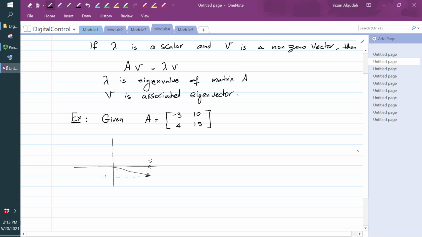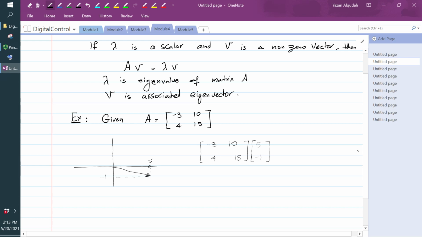I can plot this vector here, then apply this matrix to that vector, and see where this vector is going to end up after I do the transformation. So let's see what happens if I take this matrix A and I multiply it by this vector. So I'm going to take the matrix -3, 10, 4, and 15, and I'm going to multiply it by my vector. And my vector was equal to 5 and -1.